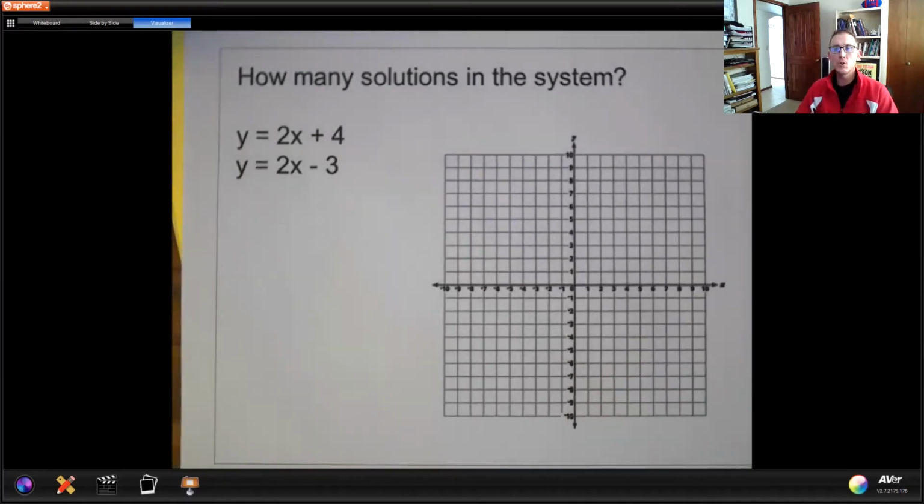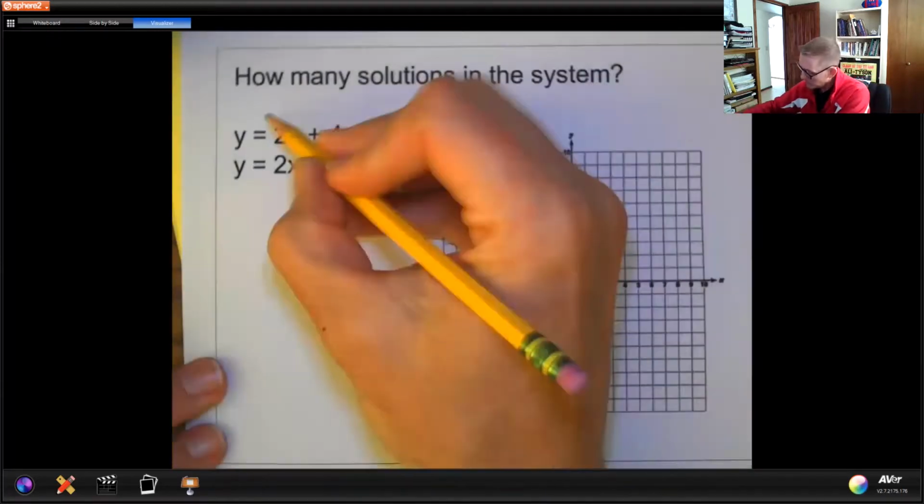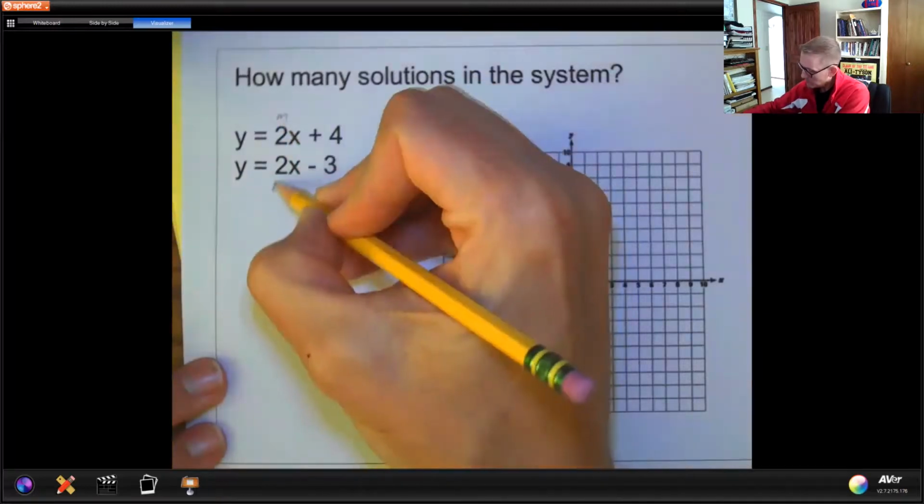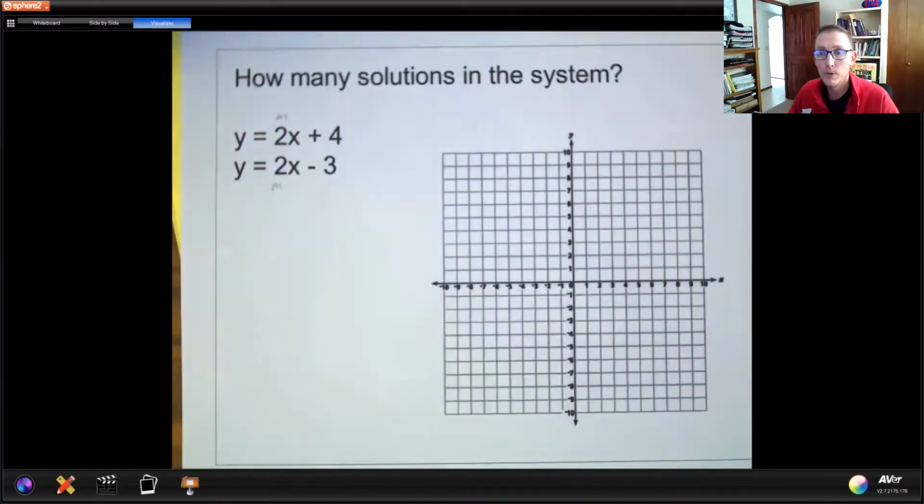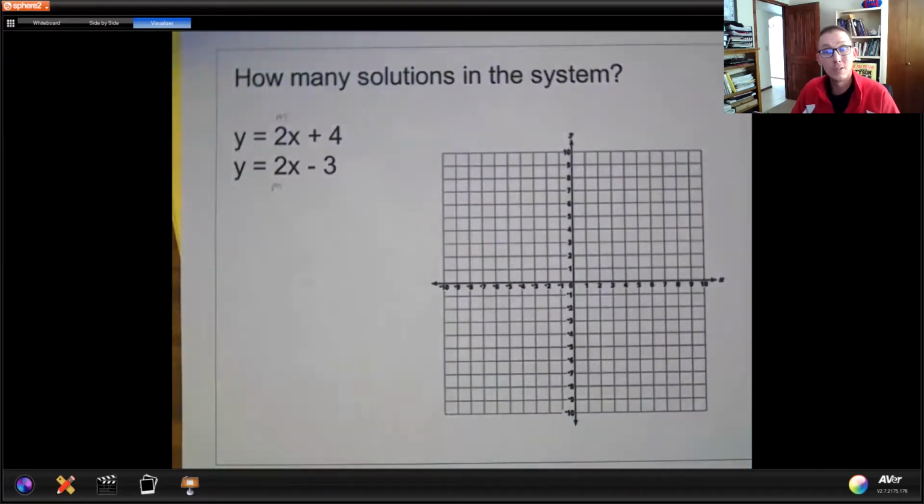Well, if I looked at the equations, y equals 2x plus 4 and y equals 2x minus 3, what do I notice about these two equations that they have in common? They have the same slope. Now, if they have the same slope but different y-intercepts, that means they're going to be parallel. So this one is going to be no solution.